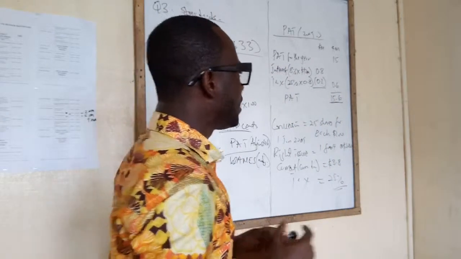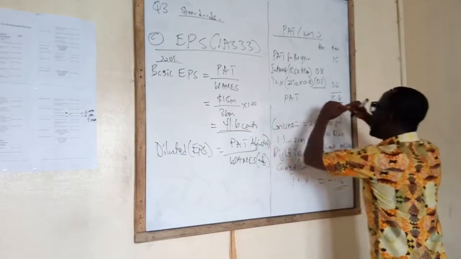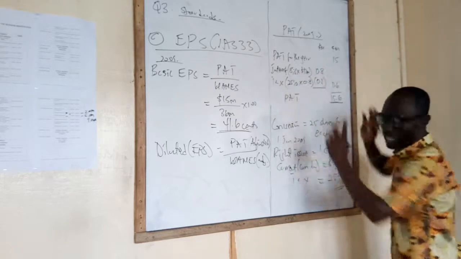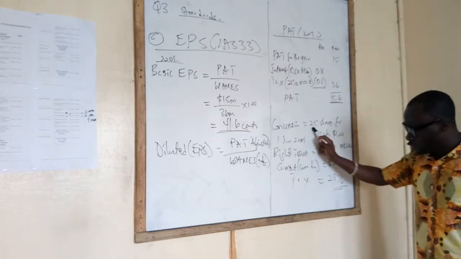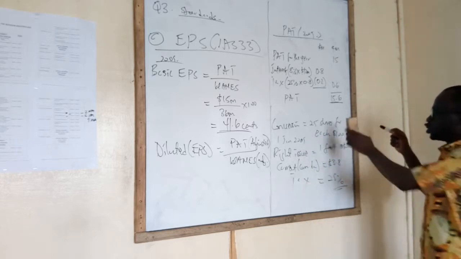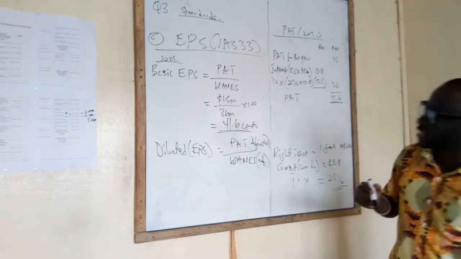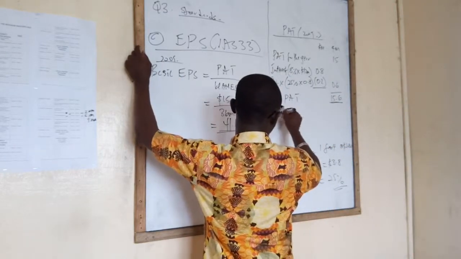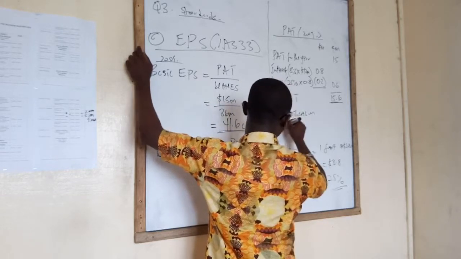Having done that, now because the loan note and the shares were outstanding, there will be no problem. But what is the conversion policy? 25 shares for each what? $100 bond. So what will be the extra shares to be converted? Extra shares on conversion.